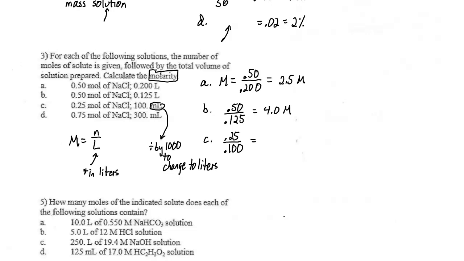On a calculator, this makes 2.5 molar. Finally, question D. Follow that same formula. I'm not going to show the work out, but when you check your answer, you need to get 2.5 molar. Make sure you show that work if you want full points on this.